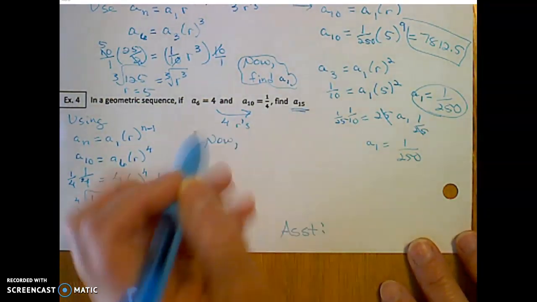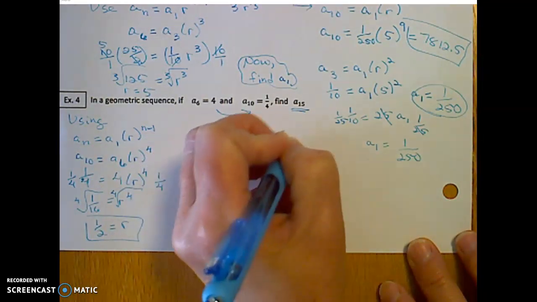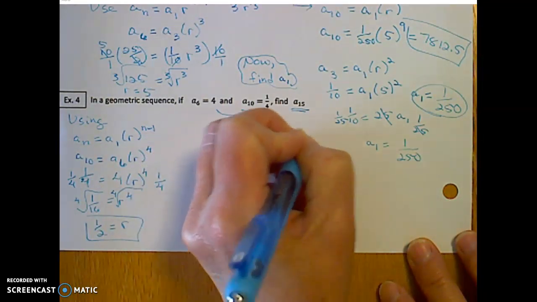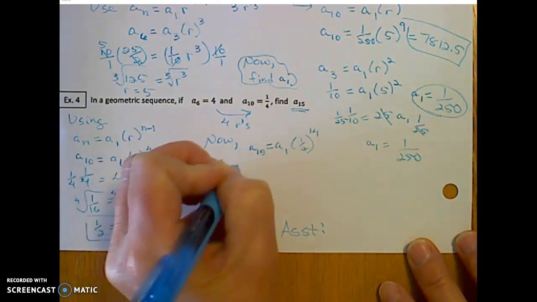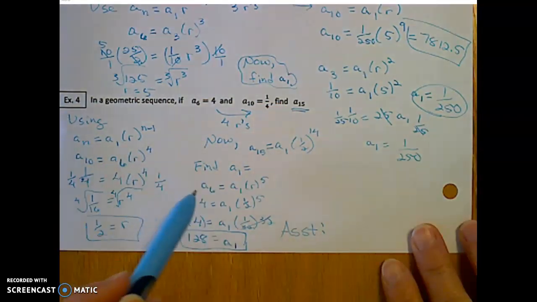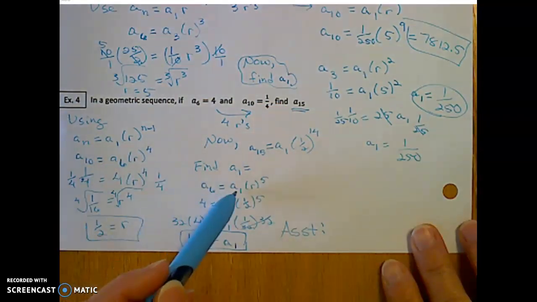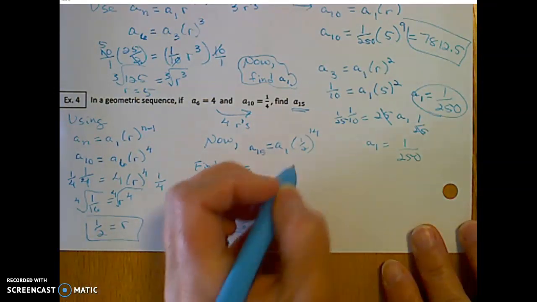Now to find the 15th term. A sub 15 will be the first term times our ratio, which is 1/2, to the n minus 1, which is 14. Now I'm going to give you a second, if you would, to find the first term of this sequence. Okay, see if you agree. When I found a sub 1 using the 6th term with 5 of those ratios, I get a sub 1 is 128.